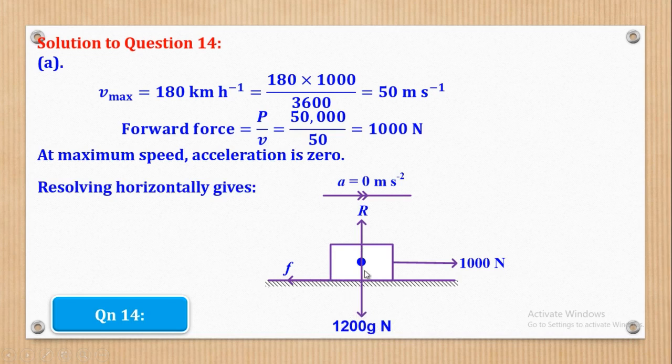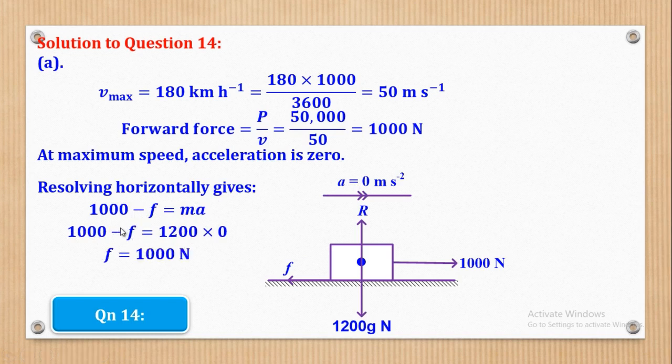It's going in this direction, meaning 1,000 minus F equals MA. But I know my A is 0, so I substitute. I'm left with only one unknown, small f, the resistance they want. Making F the subject, I get my resistance as 1,000 newtons. That is what they wanted in part A.